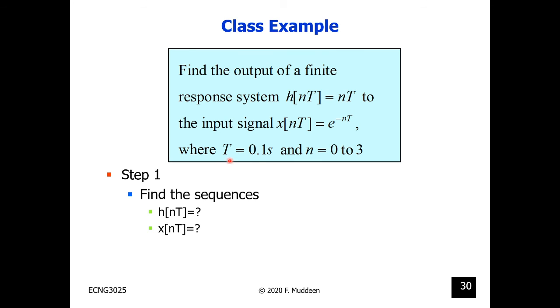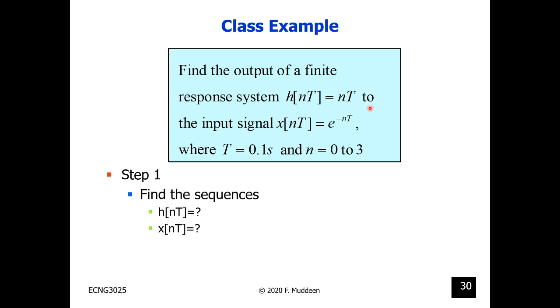We were given the value for capital T, meaning 0.1 seconds, so we just substitute that as 0.1, and n goes from 0 to 3. So we substitute n equals 0, n equals 1, n equals 2, n equals 3 in this part accordingly, and we get our input sequence for x of n.